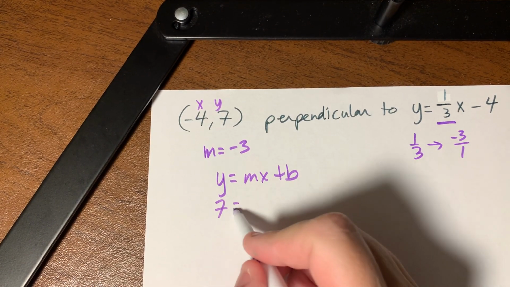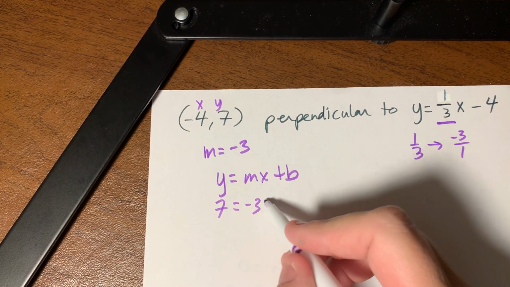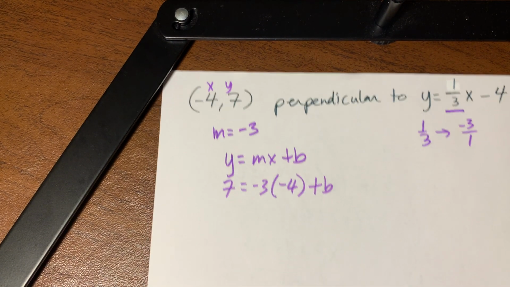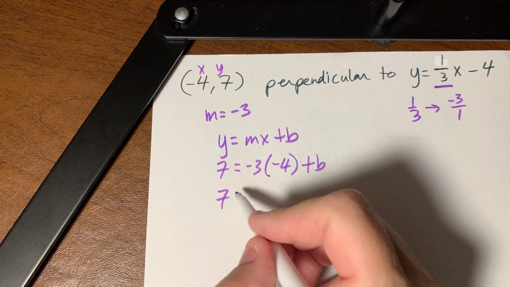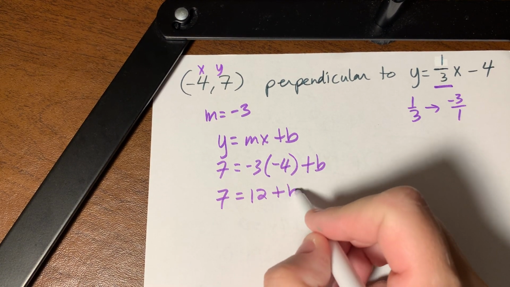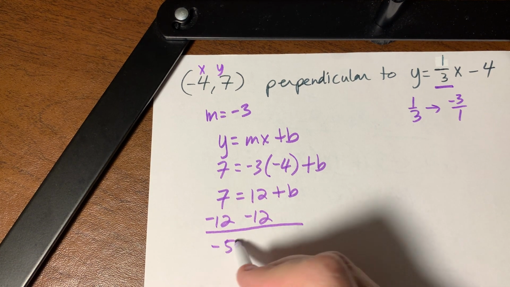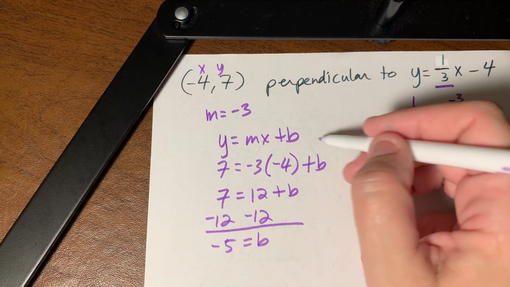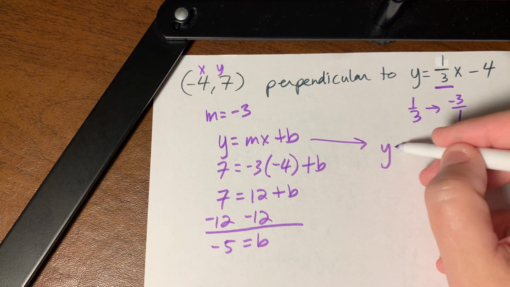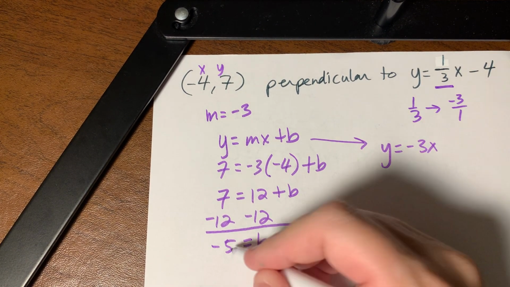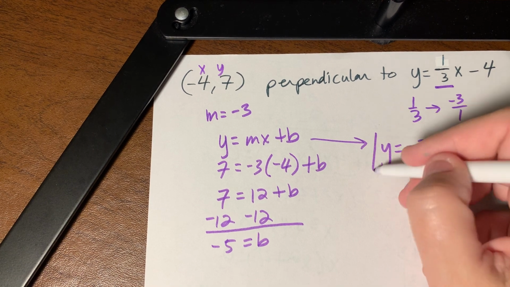So we put in 7 is -3, that's our slope, times our x value, -4, plus b. 7 equals 12 plus b. And then we'll subtract the 12 to get -5 as our y-intercept. When you're writing the equation of your line, substitute your slope and your y-intercept.